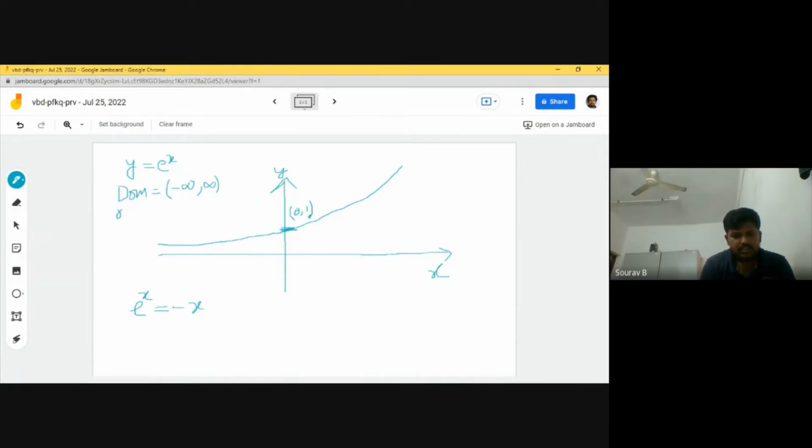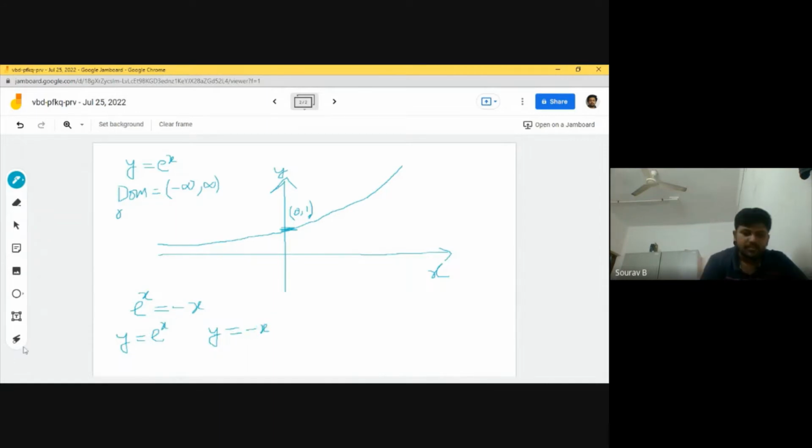In that case, you will plot the graph of y equal to e to the power x and y equal to minus x. These two graphs you will draw separately, but in a single plot.